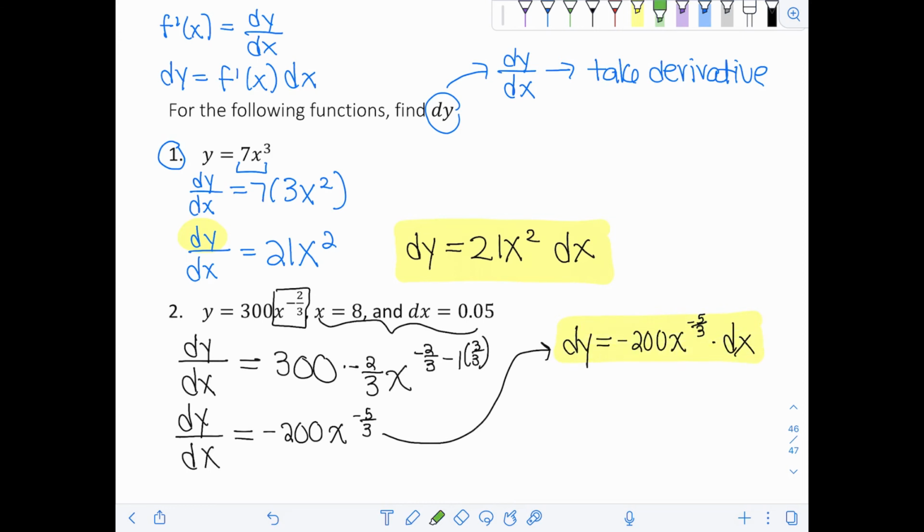But now we also want to plug in these values, because we specifically want to know what dy is when x is 8 and the change of x is 0.05. So we're going to go ahead and plug this in, and if you want that negative exponent, you can change that to be positive if you move it to the denominator.